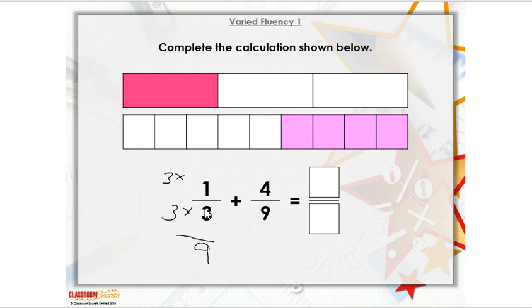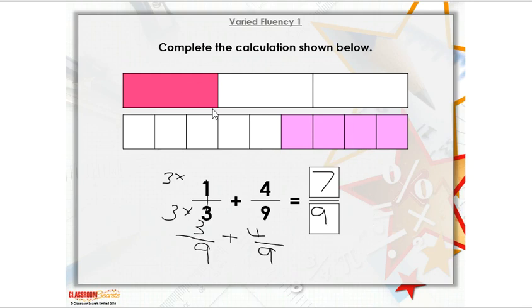What we do to our denominator, we must do to our numerator. 3 times 1 is 3. So my new fraction is 3/9 add 4/9, which hasn't changed. We've got the same fraction family now as our denominators, and we can say 3 add 4 is 7. So I have now got 7/9.